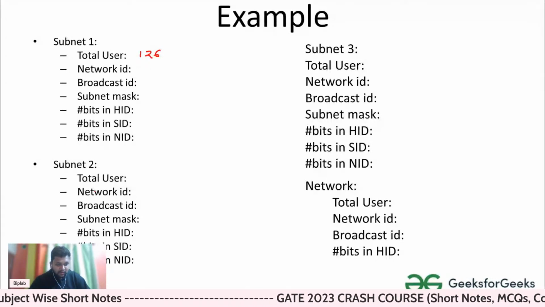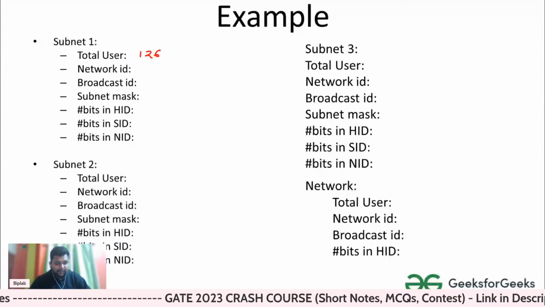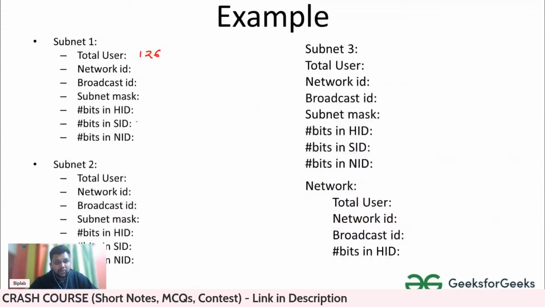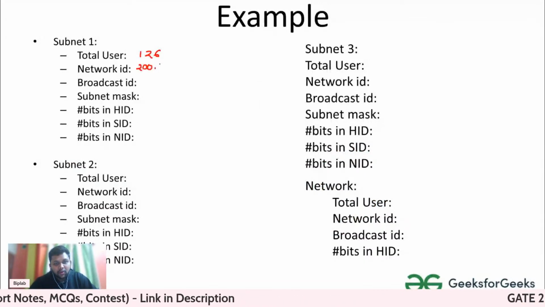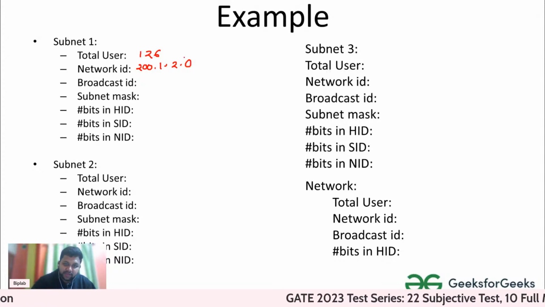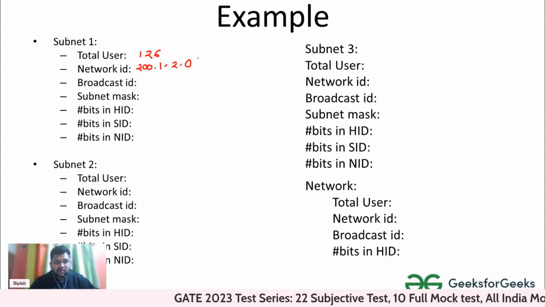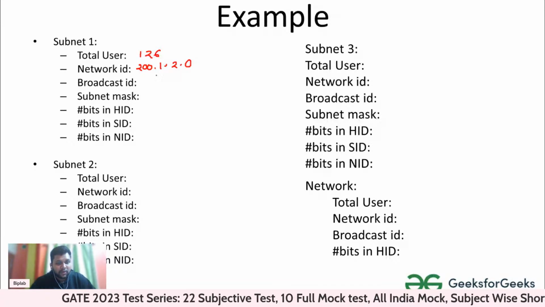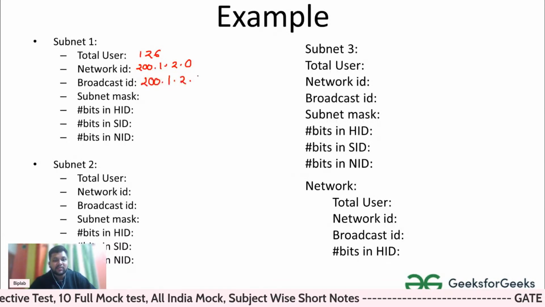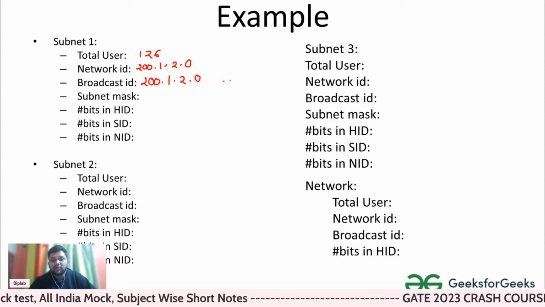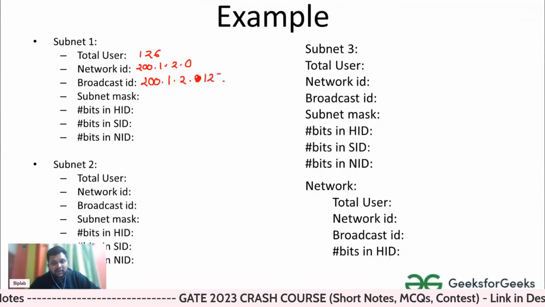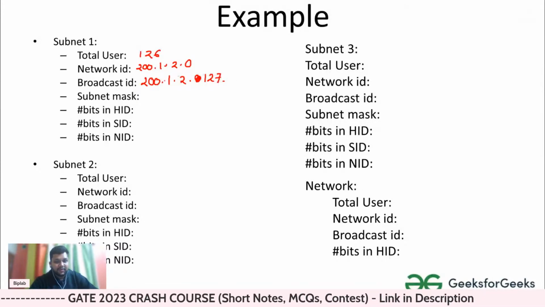For subnet 1 it is 200.1.2.0. Why 0? Because the first bit is fixed 0, and all the 7 bits you have put as 0. Now the broadcast ID is 200.1.2. The first bit is 0. Now all others you have to put 1. So what will be that number? That will be 127. Okay, fine.